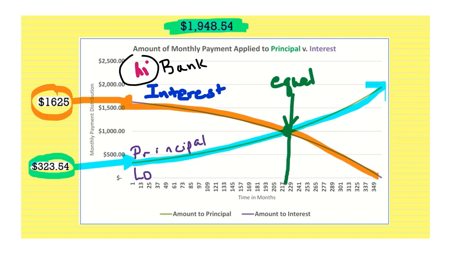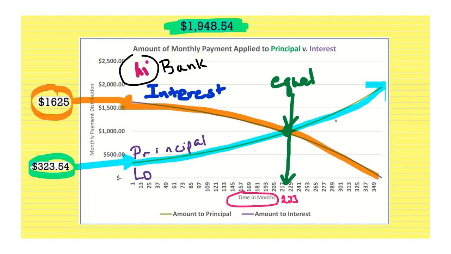According to the makers of this graph, these are months, about month 223. So 223 months into your loan, you will be making equal payments to interest and your house loan.